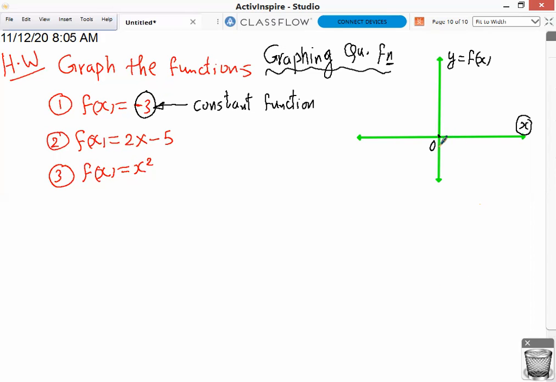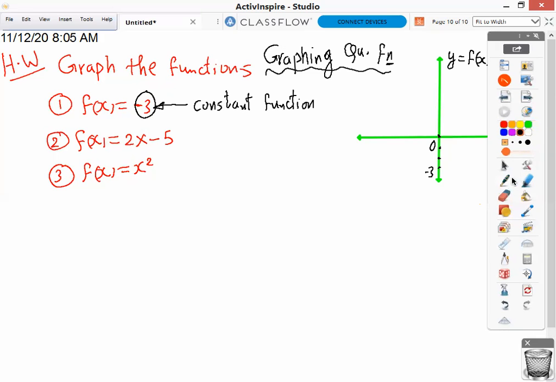Then on the y line, the values are -1, -2, -3. That's -3, make a horizontal line. This is a function. Okay, then it's so easy. You can use our graph.